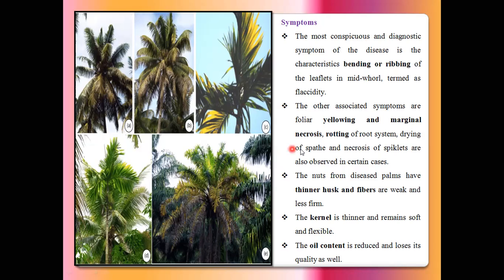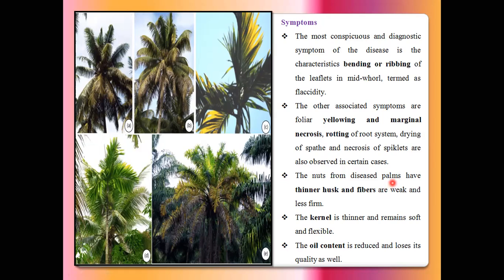This infection also reaches the growing roots, so the root is totally rotted. These growing coconut trees totally dry and wilt, and these affected coconut trees produce nuts.